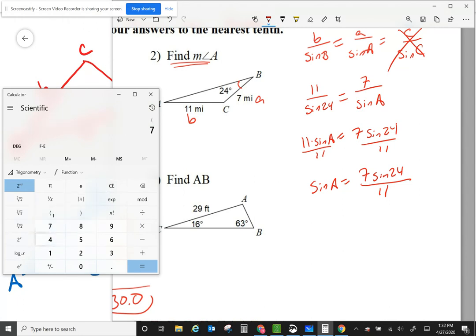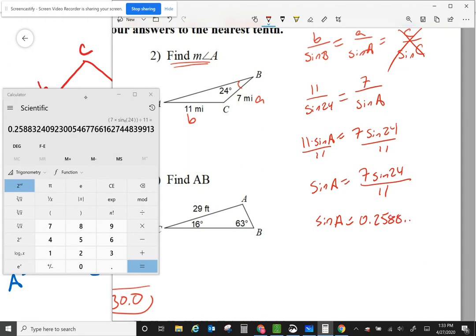I'm just going to go 7 times, and in my case, remember I had to type in 24 before I type in sine. So 24 sine. You guys can see my calculator. And let me divide it by 11. So I have that sine of A is equal to 0.2588 in a big decimal.